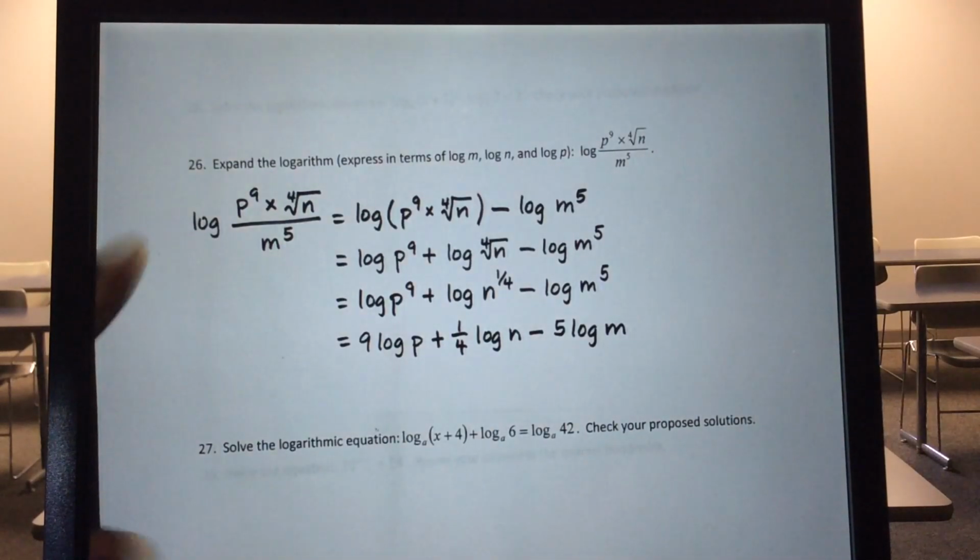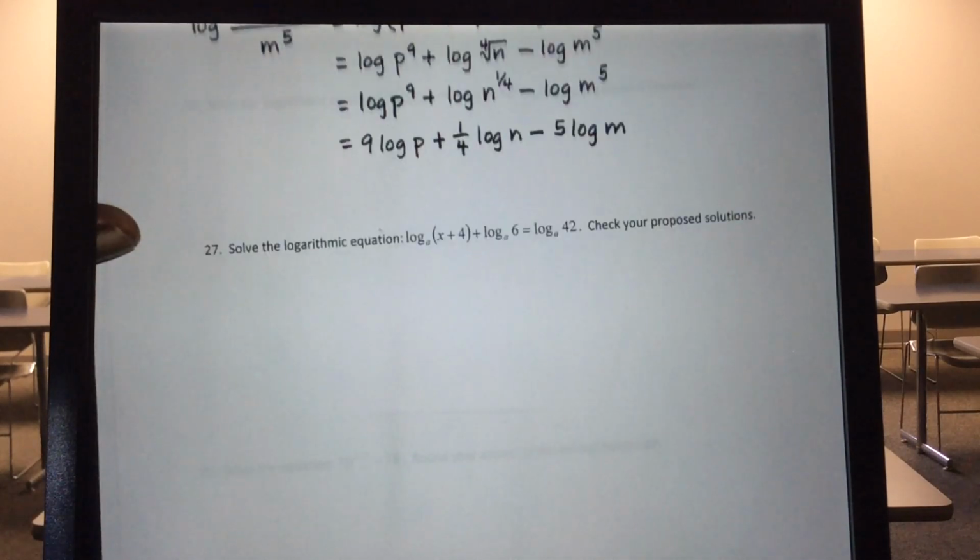So this logarithm expanded as far as I possibly can would be 9 times the log of p plus 1/4 log of n minus 5 log of m.